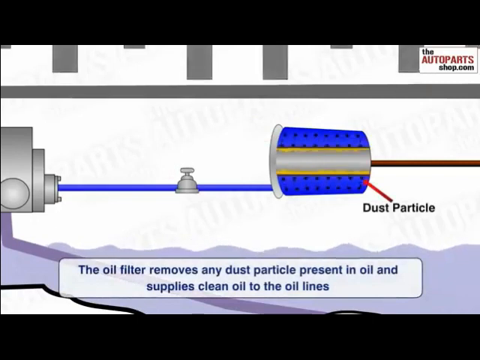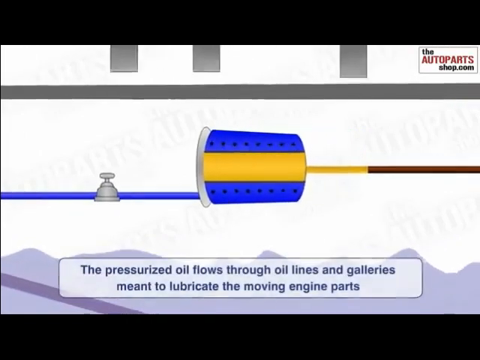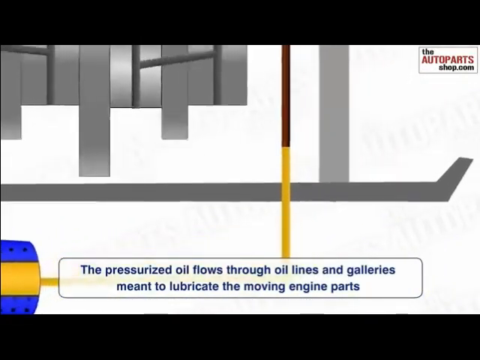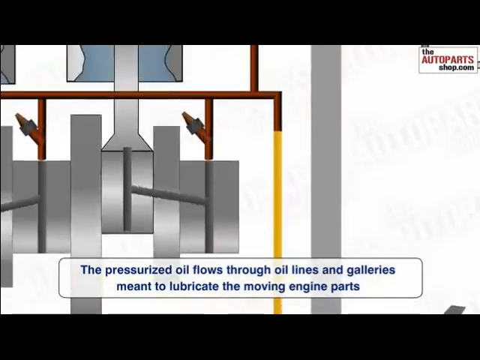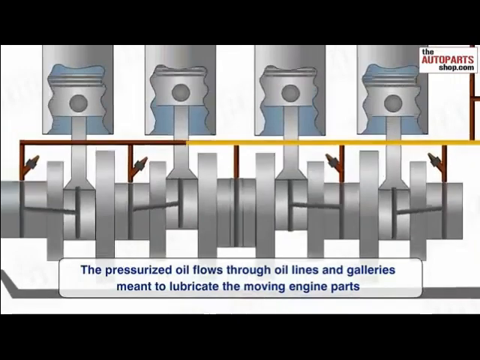The oil filter removes any dust particles present in the oil and supplies clean oil to the oil lines. The pressurized oil flows through oil lines and galleries meant to lubricate the moving engine parts.